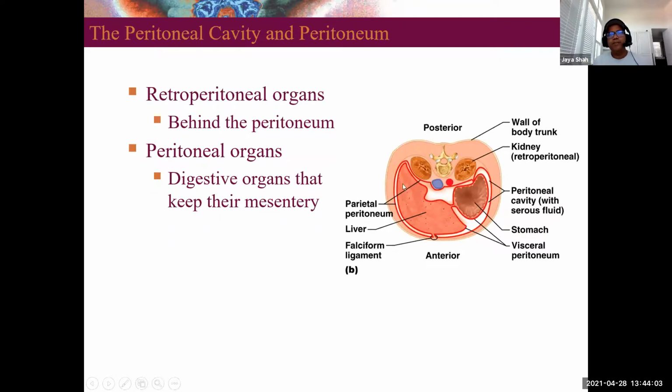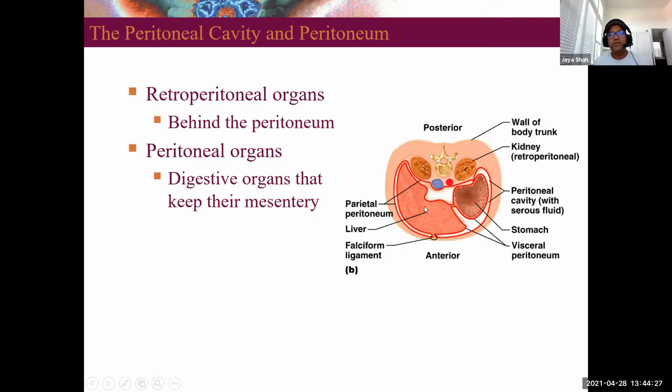Now you can see here, this is the transverse section of your body at the level of the liver and stomach. And you can see some of the organs are invested by two layers of the peritoneum, and some are absolutely out of this peritoneum. The organs which are covered by peritoneum, we call intraperitoneal organs.